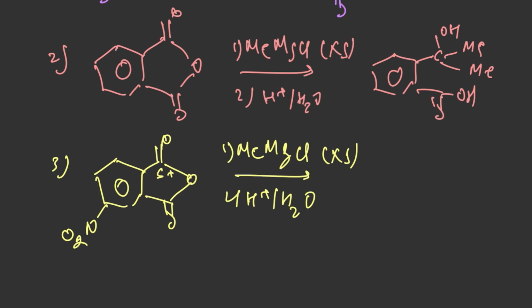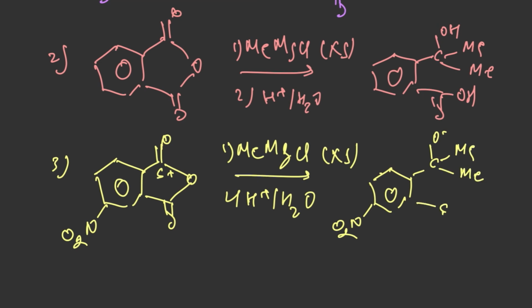So Me will attack over here, this bond will go, and it will form NO2 CO minus Me, methyl acid.